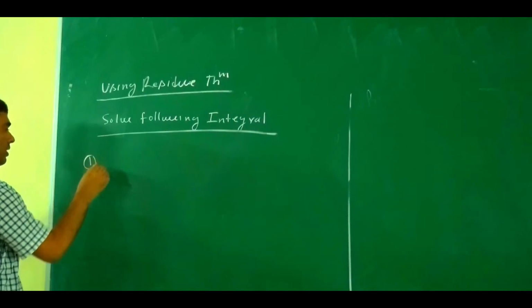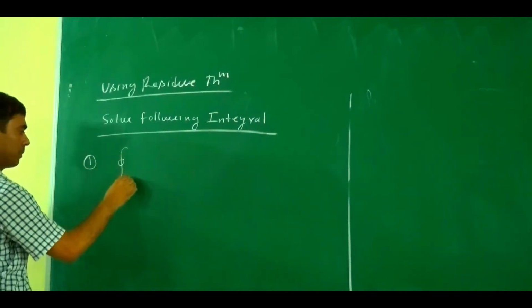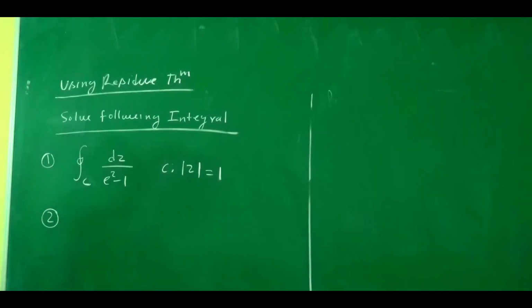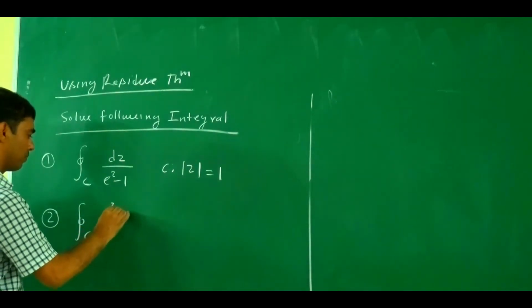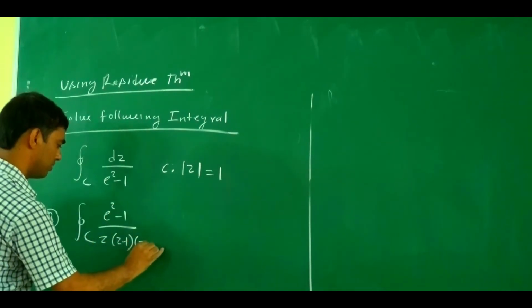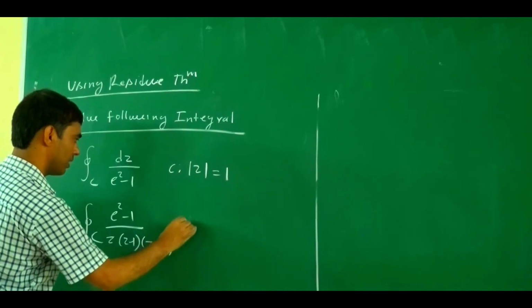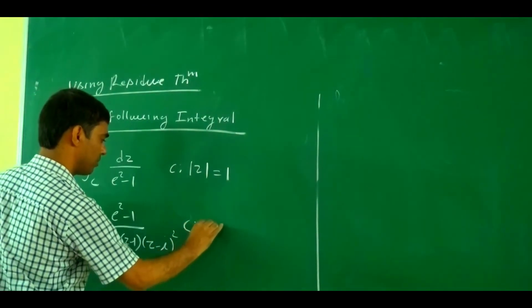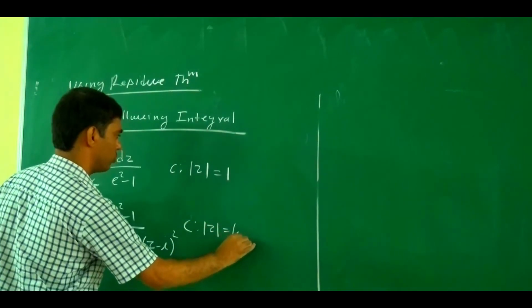First one is the integral over C of dz upon e to the power z minus 1. Second one is the integral over C of e to the power z upon (z minus 1)(z minus i) whole squared, where C is such that mod z equals 1.